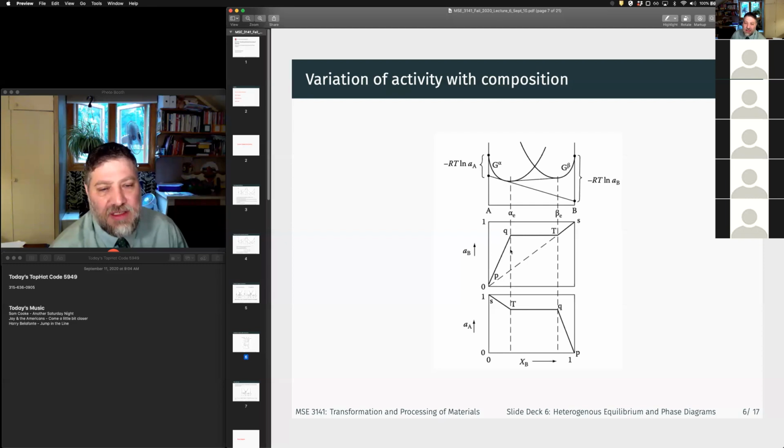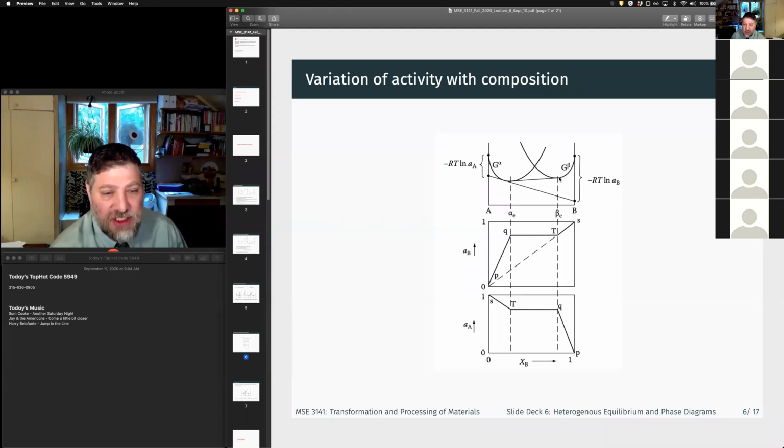So until we get to the common tangent, our activity of A drops, right? But then when we're at the common tangent, our activity plateaus, right? Because once we're in this composition range, we're dictated by our common tangent construction, and our chemical potential, while we have these two phases in equilibrium, always stays the same.